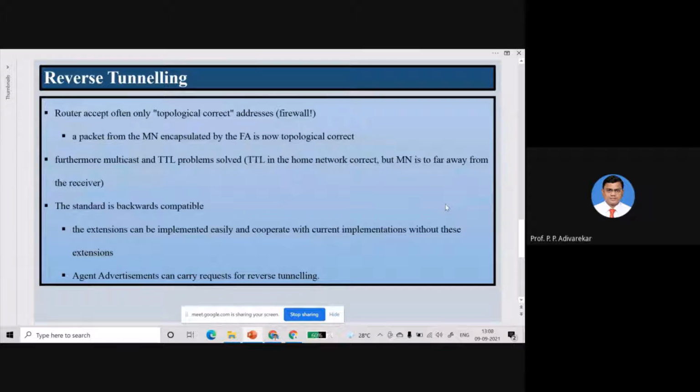This tunneling is achieved by encapsulation. Now we will see what exactly reverse tunneling is and why it is required in mobile IP.